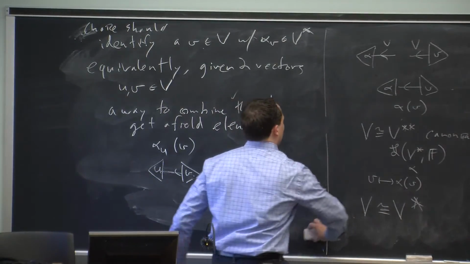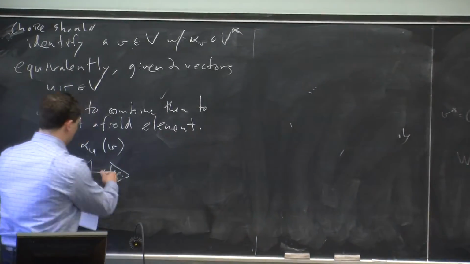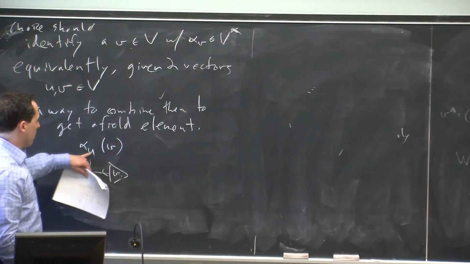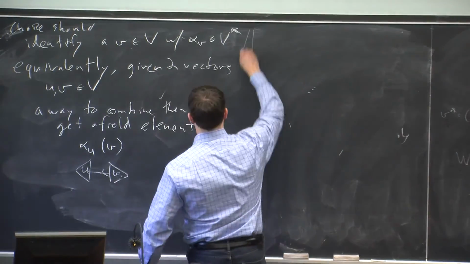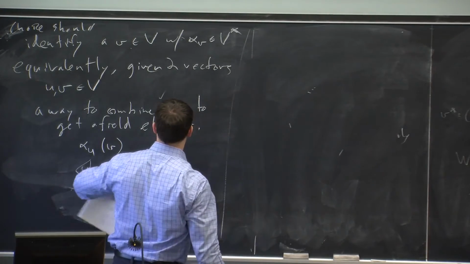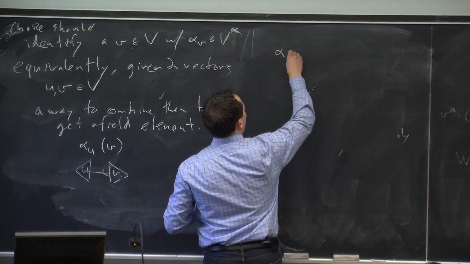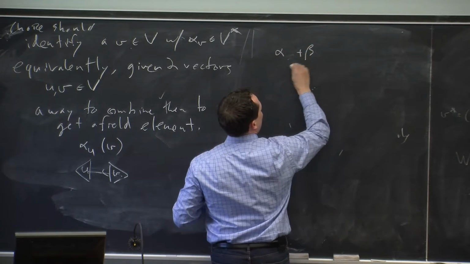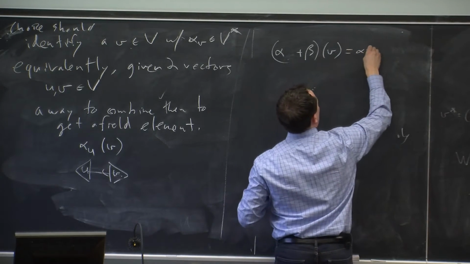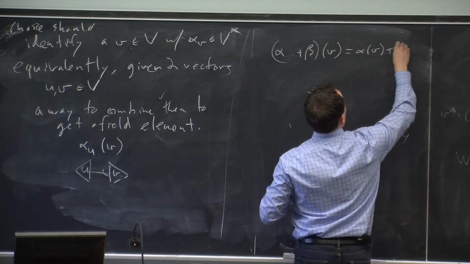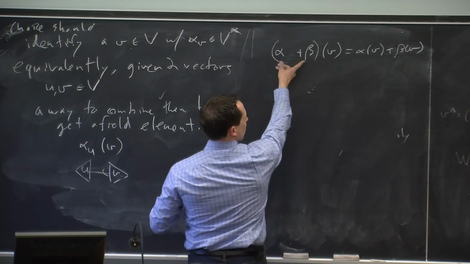Yet another way of saying that is that I can observe that this thing is going to be linear in both elements, or depending, let's say if everything is real, it's going to be linear in both elements, depending on my method of identifying them. So, if I have two linear transformations and I apply them to V, that's equal to alpha of V plus beta of V. So it should be additive in the first argument, whatever it does to this side.